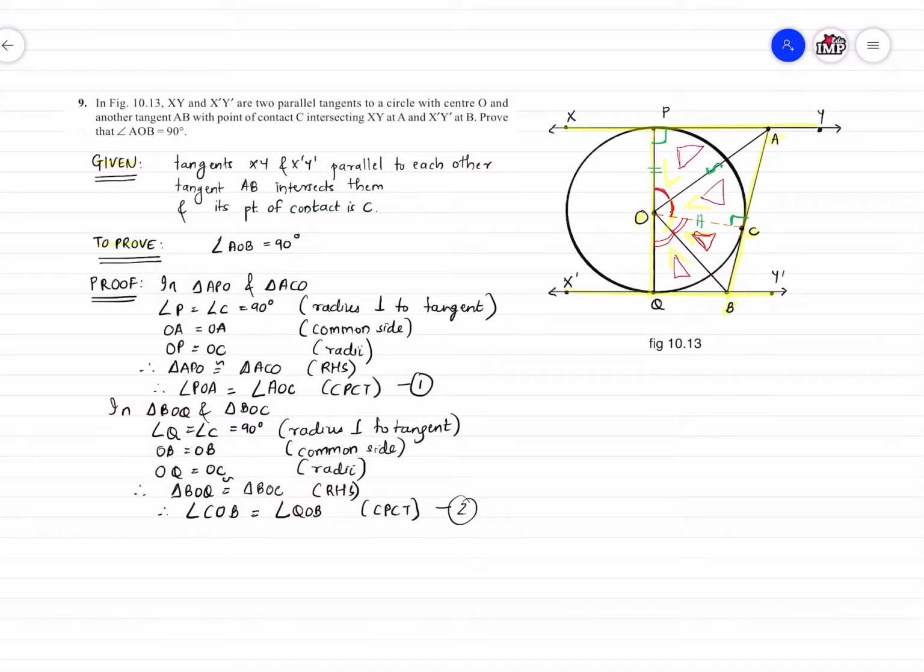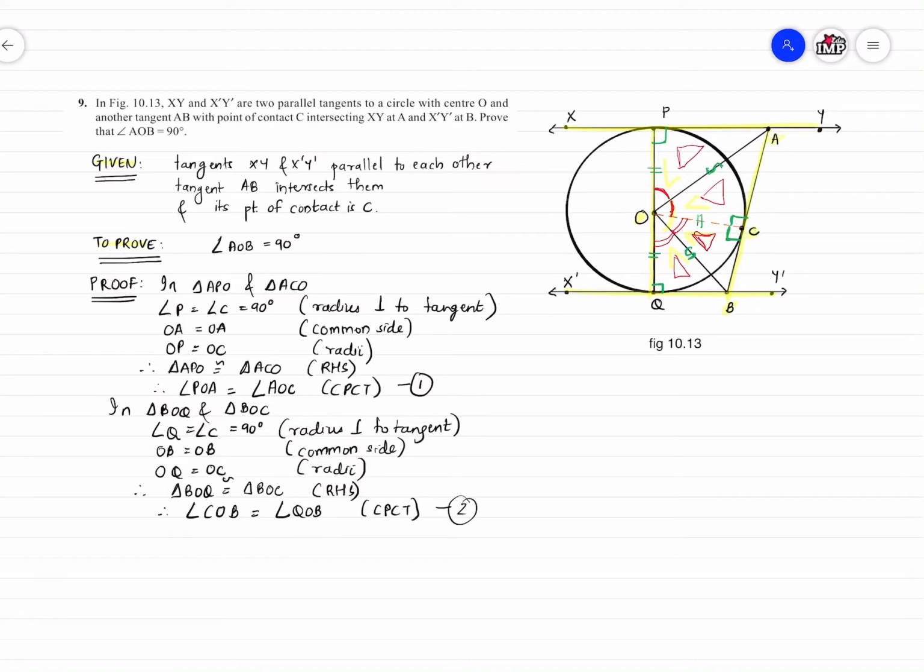Alright. Again, let me just mark it for you. So, OC is equal to OQ. They are the radii. OQ is perpendicular to X'Y' by theorem 10.1. OC is perpendicular to AB, and OB is the common side. Alright, so we have proved that angle POA is equal to angle AOC and angle COB is equal to angle QOB.